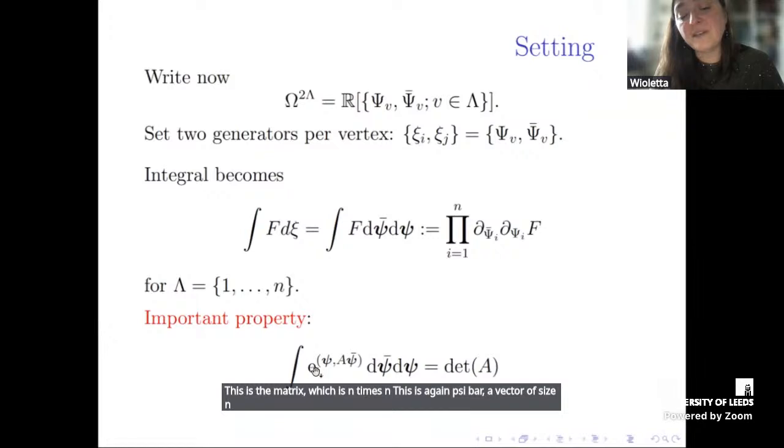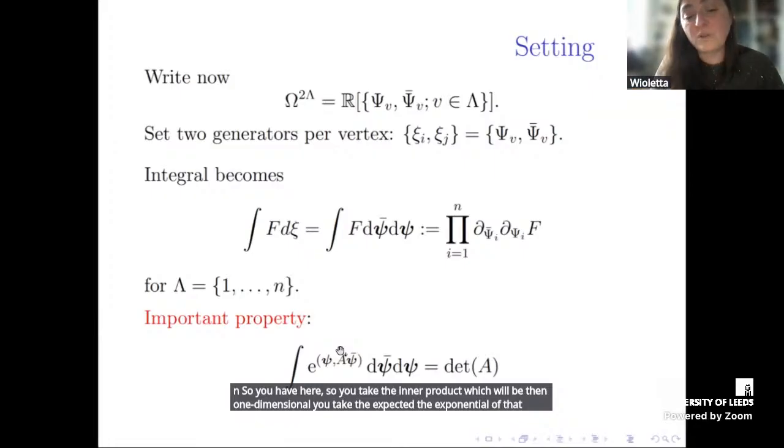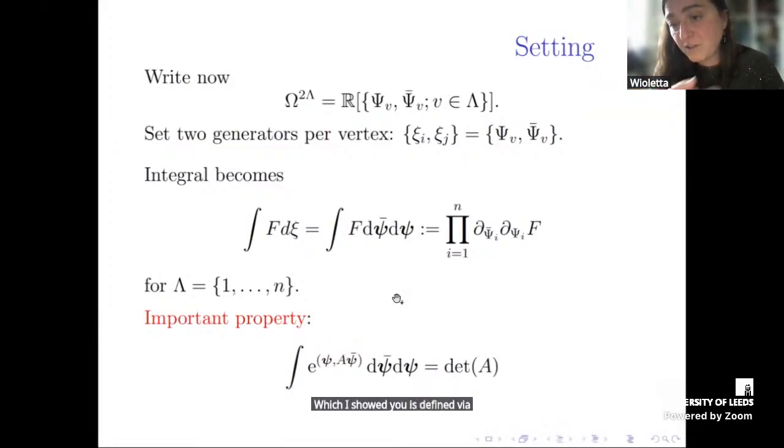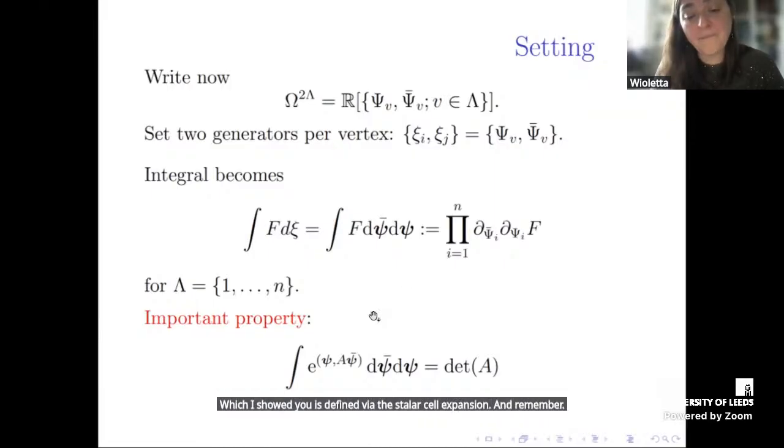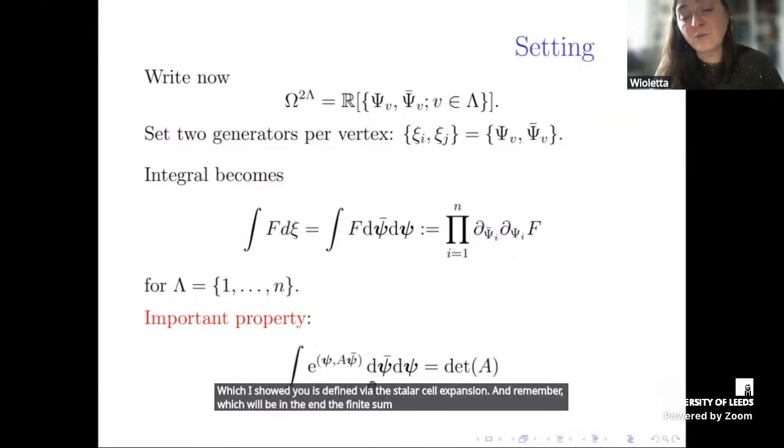So you take here the inner product, which will be then one-dimensional. You take the exponential of that, which I showed you is defined via this Taylor expansion. And remember, which will be in the end the finite sum. And then you take the integral with respect to these n-dimensional vectors.